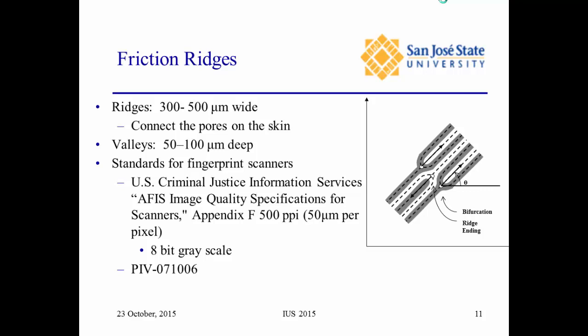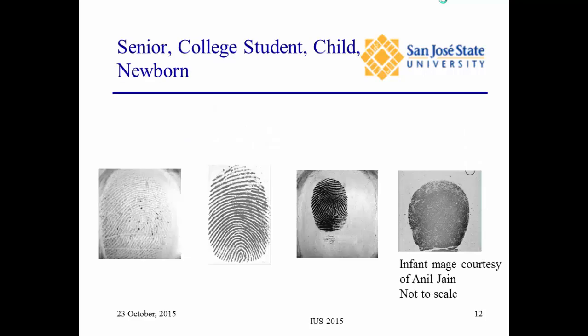And so there is also this US standard called the Personal Identification and Verification Standard, PIV 071006, that was adopted about 5 or 6 years ago for other types of fingerprint scanners that cannot meet the Appendix F requirements. I want to show you a few fingerprints here so that you can see that fingerprinting is not perhaps as easy as you thought it might be.